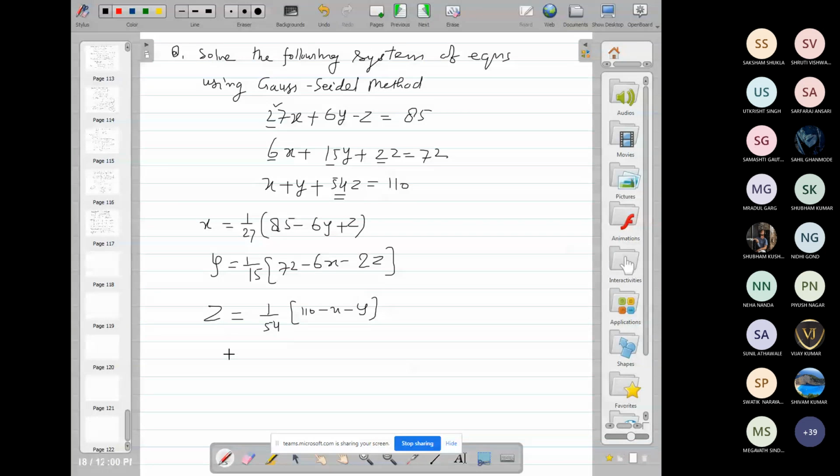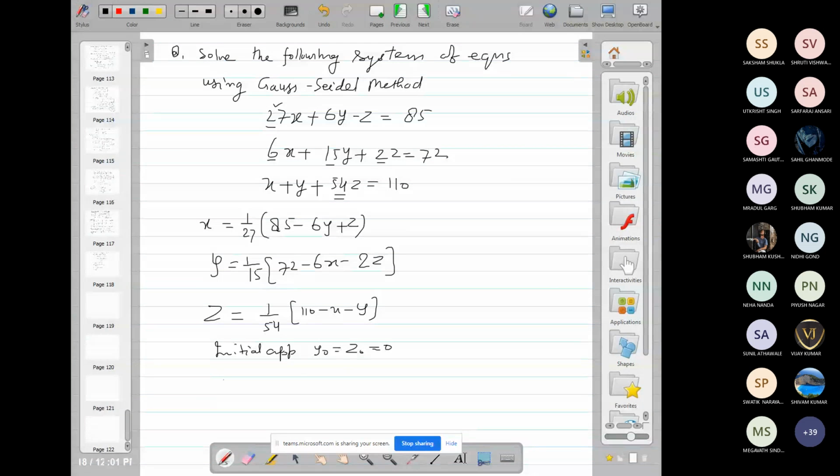So here we take the initial approximation, suppose we denote x0, y0, z0 equal to 0.